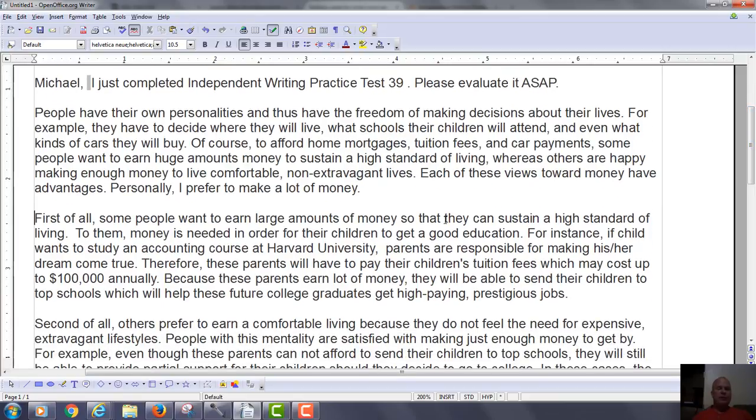For instance, if a child wants to study an accounting course at Harvard University, parents are responsible for making his or her dream come true. Therefore, these parents will have to pay their children's tuition fees, which may cost up to $100,000 annually. Because these parents earn a lot of money, they will be able to send their children to top schools, which will help these future college graduates get high-paying, prestigious jobs.